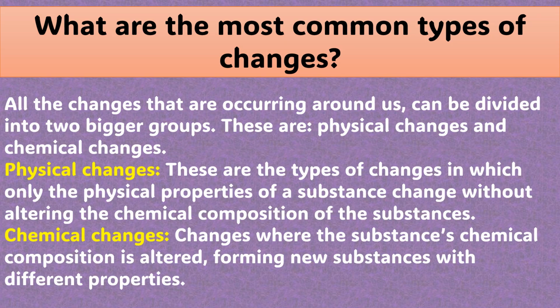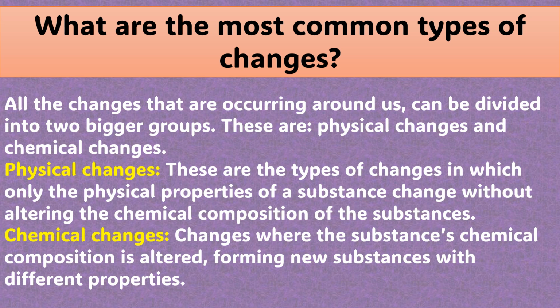Question number 4. What are the most common types of changes? Answer. All the changes that are occurring around us fall into two bigger groups. These are physical changes and chemical changes.